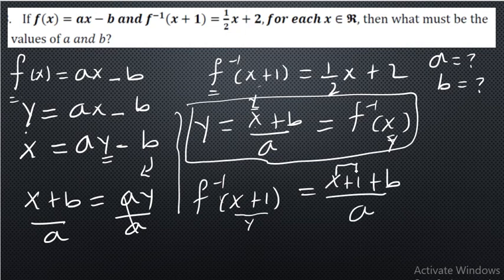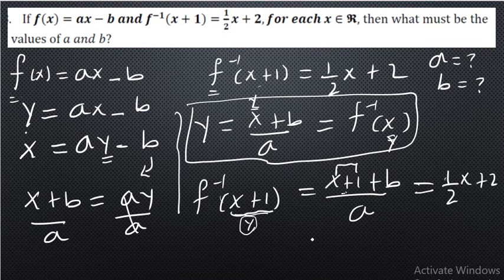Remember what I did: this is x plus 1, or like y you can consider. So I just replace it as y here, because f inverse of x is the same as x plus b the whole over a. But this is the same as f inverse of x plus 1. It's already given to you. What is that? Half x plus 2.